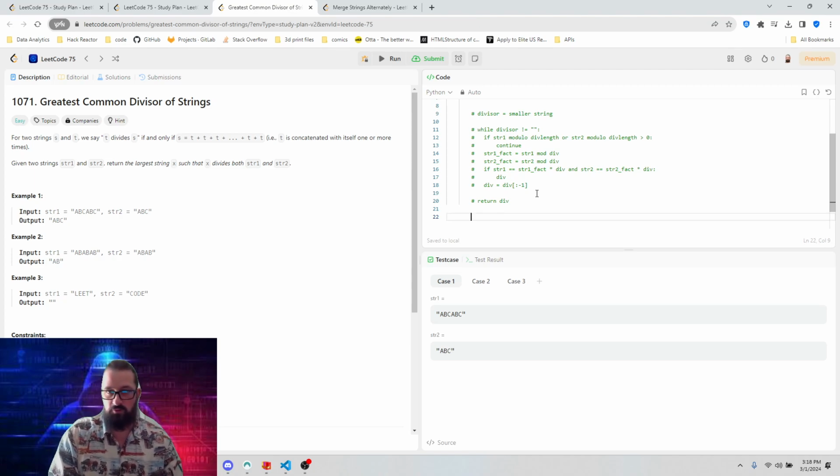I think there's a more elegant way, but the easiest way is going to be if string 1 smaller, I'm writing JavaScript, string 2, and these are going to be lengths.